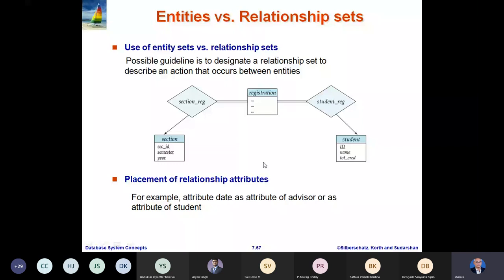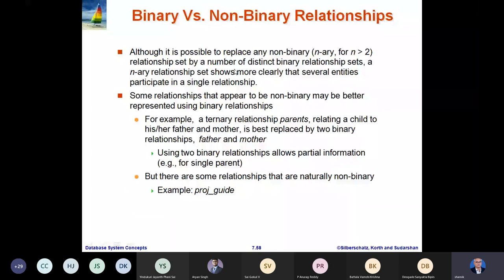Binary versus non-binary. As we have seen, a ternary relationship is usually a little complex, and you have to ensure that you have appropriate cardinality defined. It is possible to replace a non-binary relationship by a number of distinct binary relationship sets. But sometimes an n-ary, say ternary, relationship set shows more clearly that several entities participate in a single relationship.